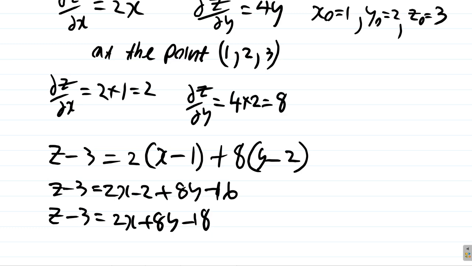If you add 3 to both sides, negative 3 plus 3 is 0, so the 3 is gone here. Negative 18 plus 3 is what? Negative 15. So you have the equation of the tangent plane: z is 2x plus 8y minus 15.